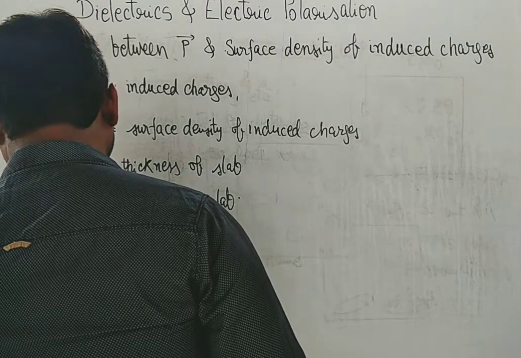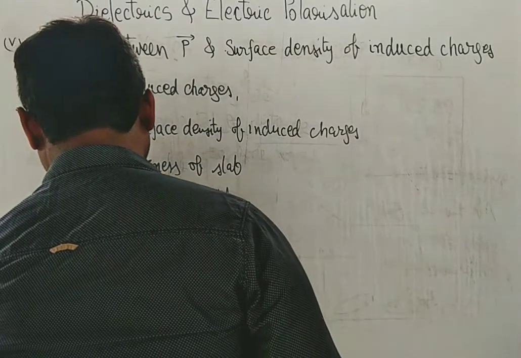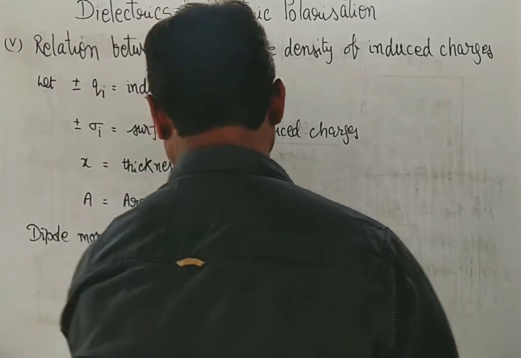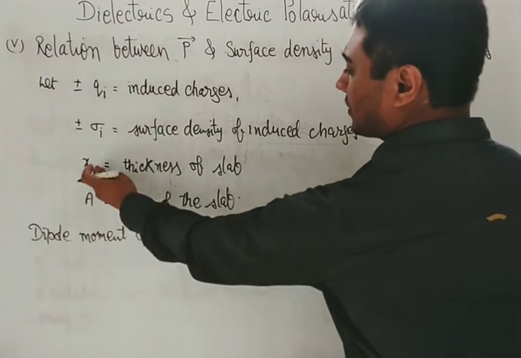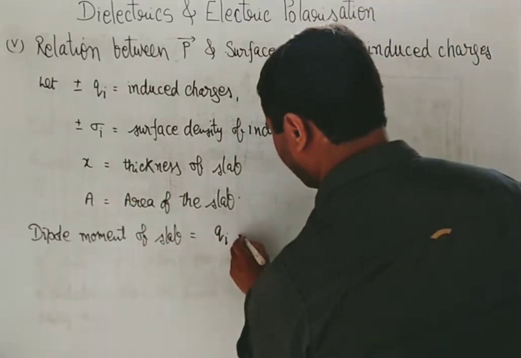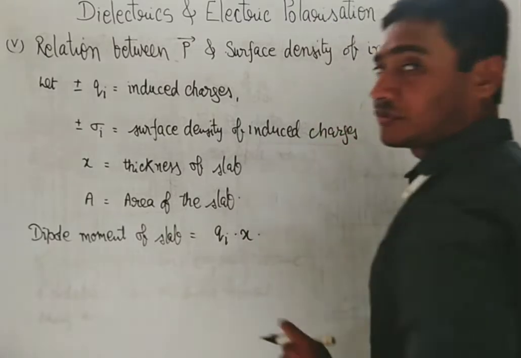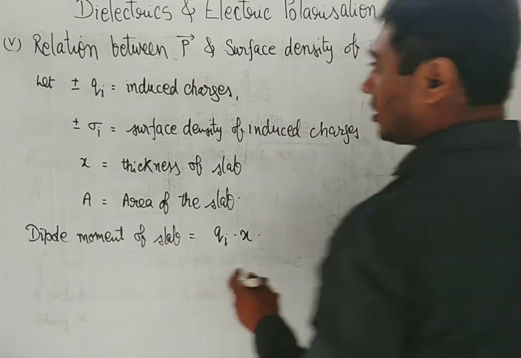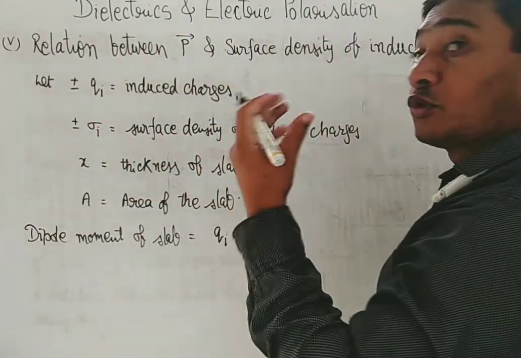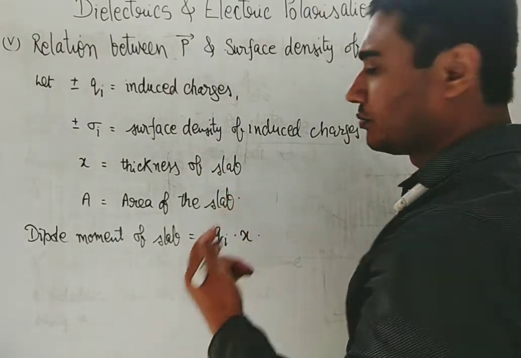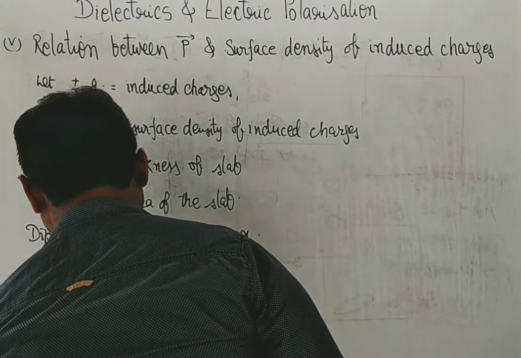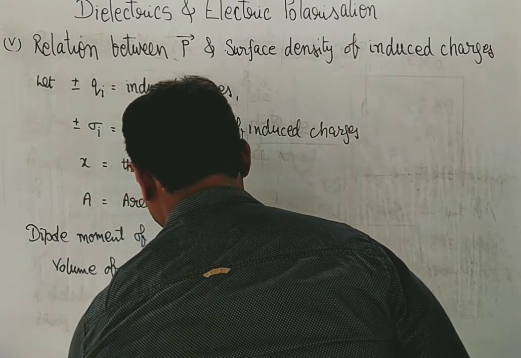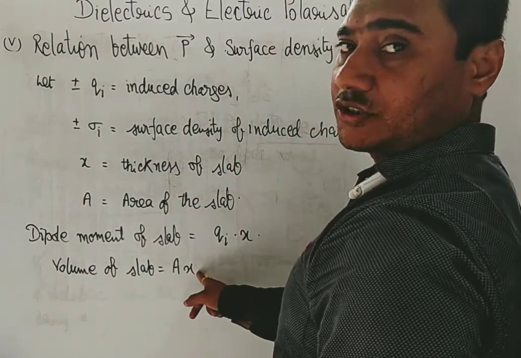Now the dipole moment of the slab, we can write as induced charge into separation, so Qi into x. Now we can write volume to have the density, or I must say polarization, the dipole moment per unit volume. So volume of slab equals area times separation.